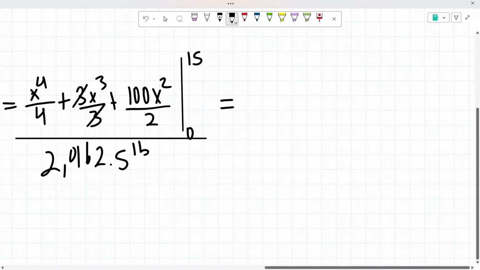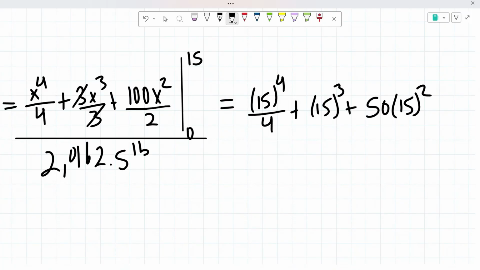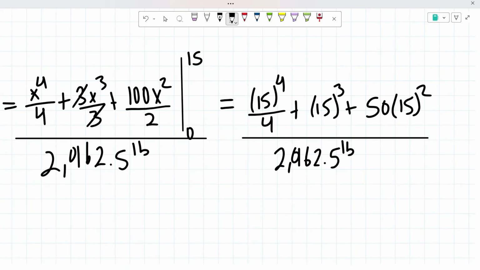So from there, we would get 15 to the 4 over 4 plus 15 cubed plus 50 times 15 squared all over our resultant force. Because remember, if we were to plug in 0 into each of these terms, that would just equal 0.